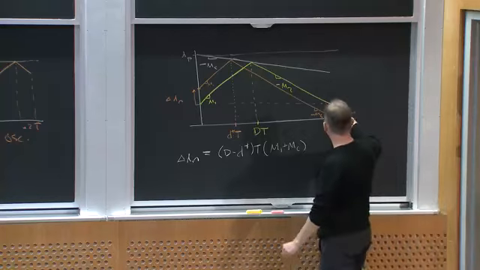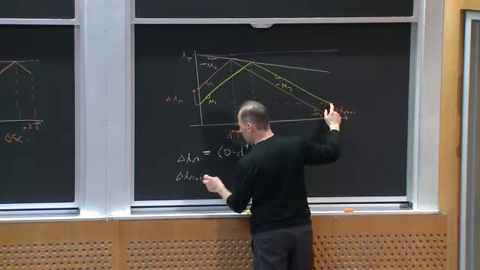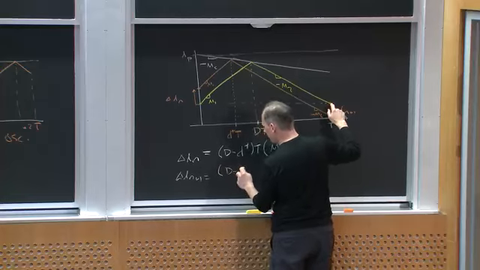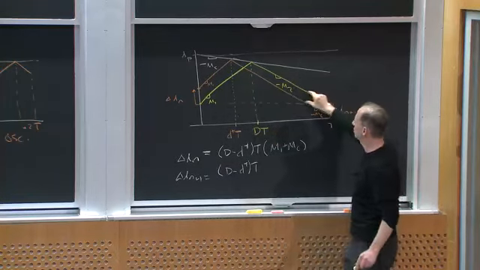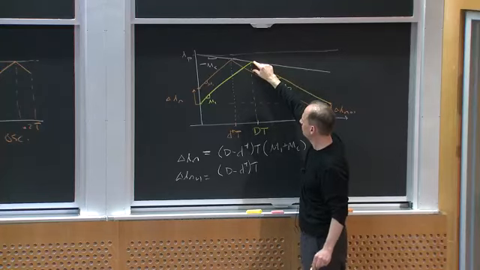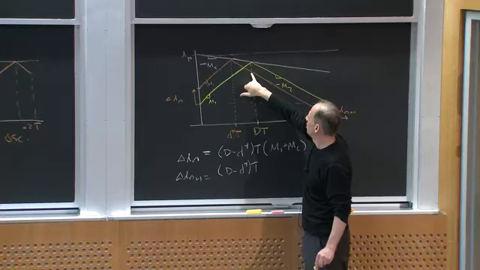I could write this difference, delta I n plus 1, also in terms of D minus D star T. Why? Because these two lines are parallel.